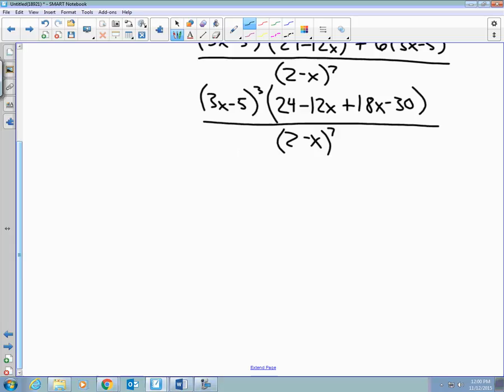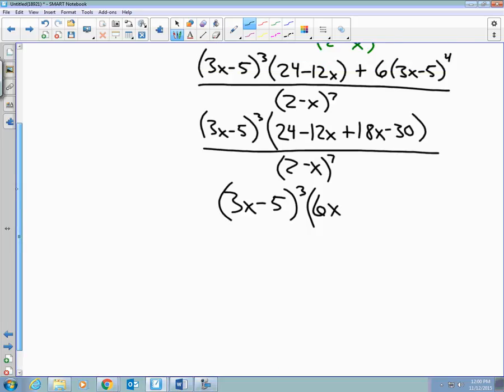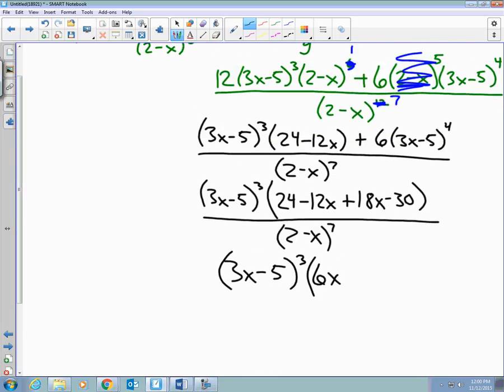And final step, can I combine any like terms? How many x's? 6 x's. Yeah, so I took out a 3x minus 5 to the third.